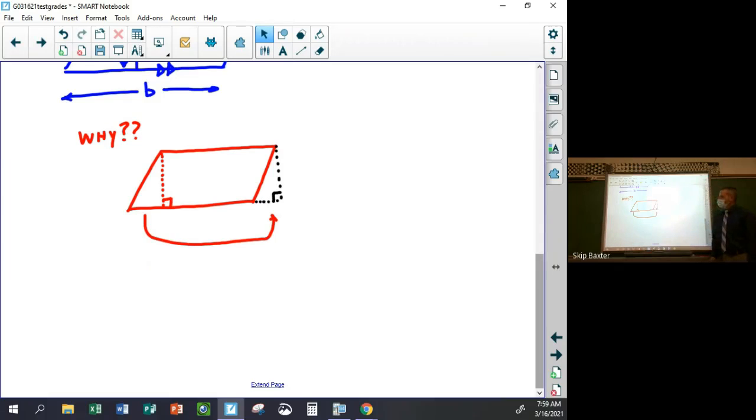If you took that little triangle and chopped it off the corner, glued it on over here, you just have a rectangle, right?